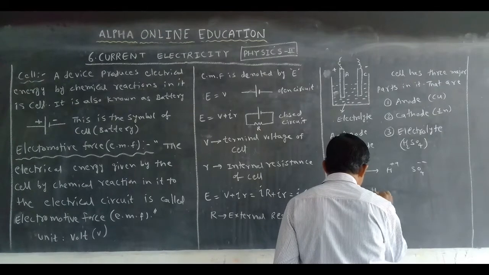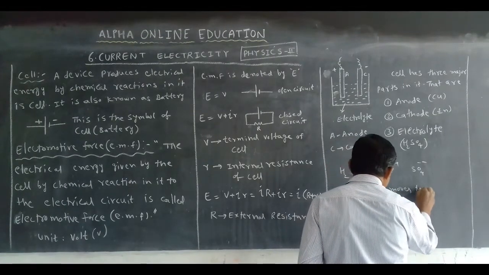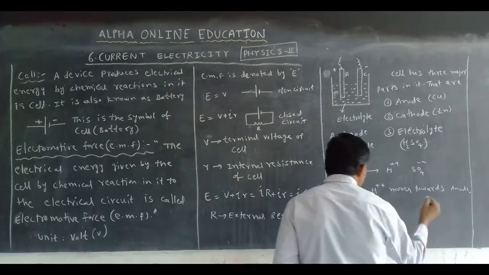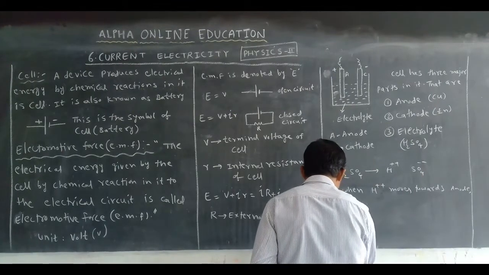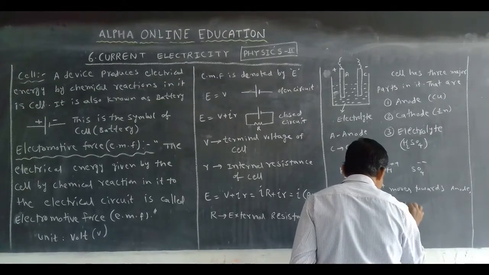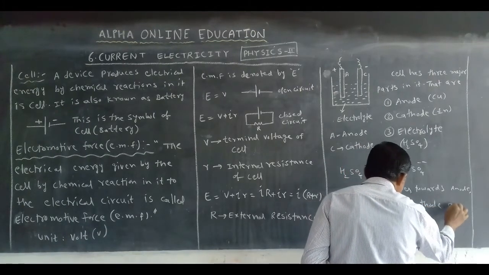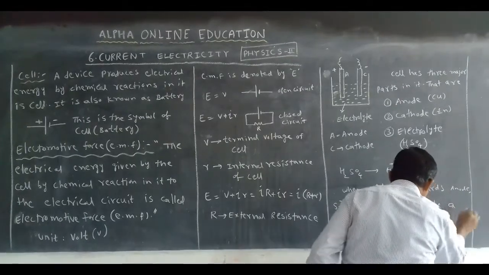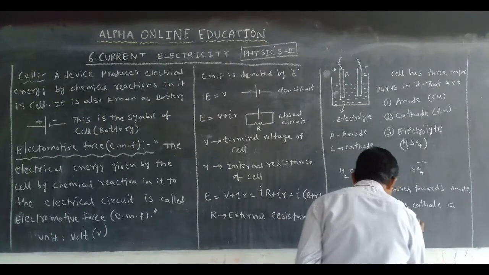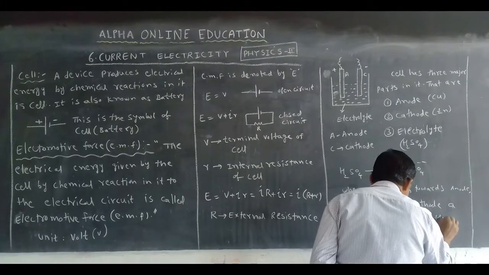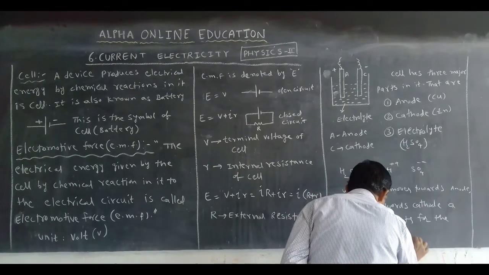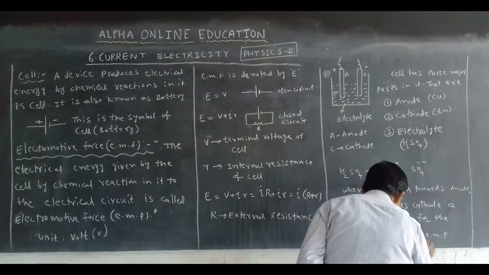When H plus plus moves towards the anode and SO4 minus minus moves towards the cathode, the opposing force that acts on the ions is called back EMF.